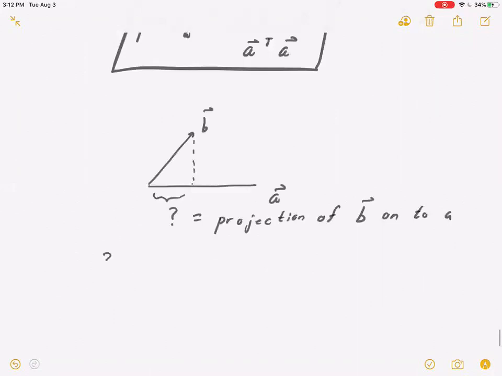Well, you know that if I look at the component of B along the direction of the vector A, this is just the magnitude of B times the cosine of the angle between B and A. So that's just a magnitude. If I want to turn this into a vector, I need a direction. So the direction of the vector A is just A divided by its norm.